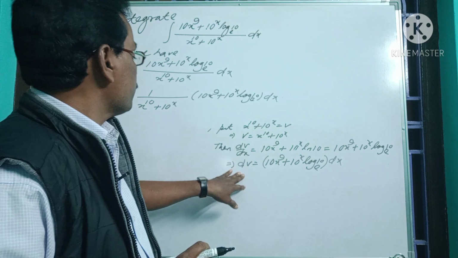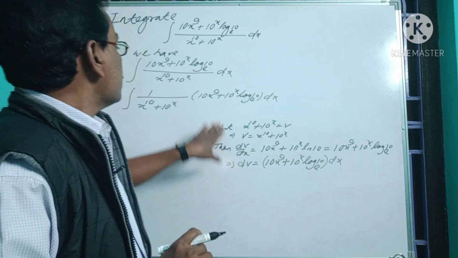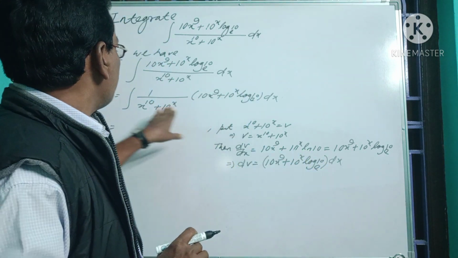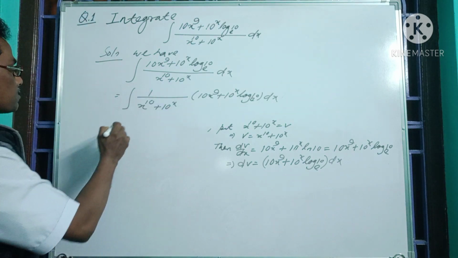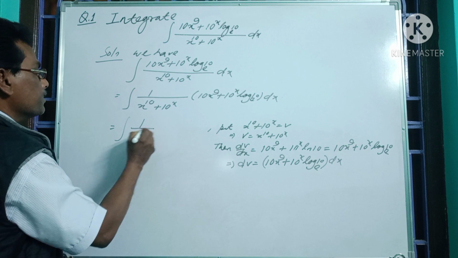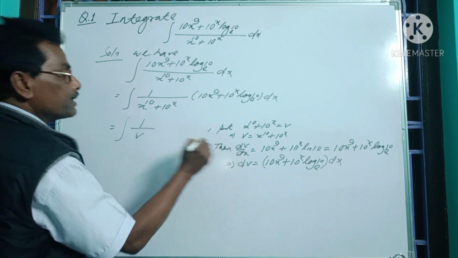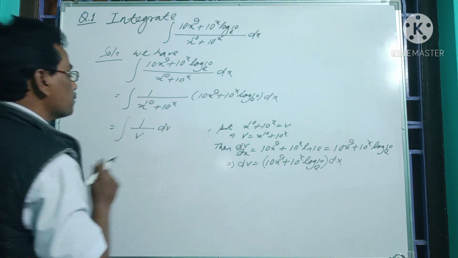Now replacing this factor with dv and replacing x to the power 10 plus 10 to the power x as v, the integrand can be transformed into integration of 1 by v with respect to v.